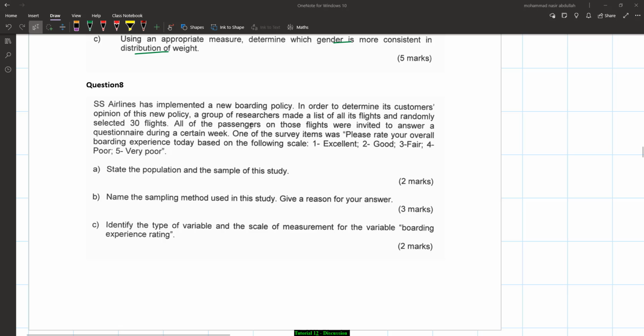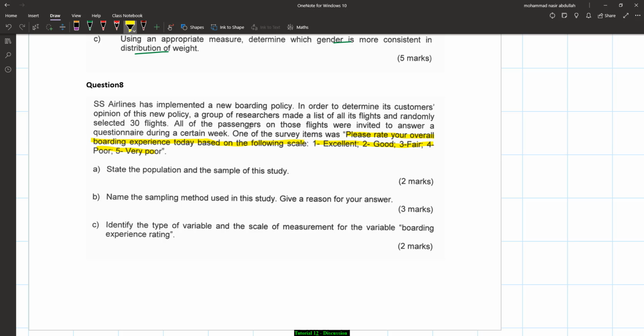All passengers on those flights were invited to answer a questionnaire during a certain week. So one of the survey items was, please rate your overall boarding experience today based on the following scale. So sama juga, this is a Likert scale 1, 2, 3, 4, 5, right? So this is the categorical data, qualitative data, we have ordinal scale.